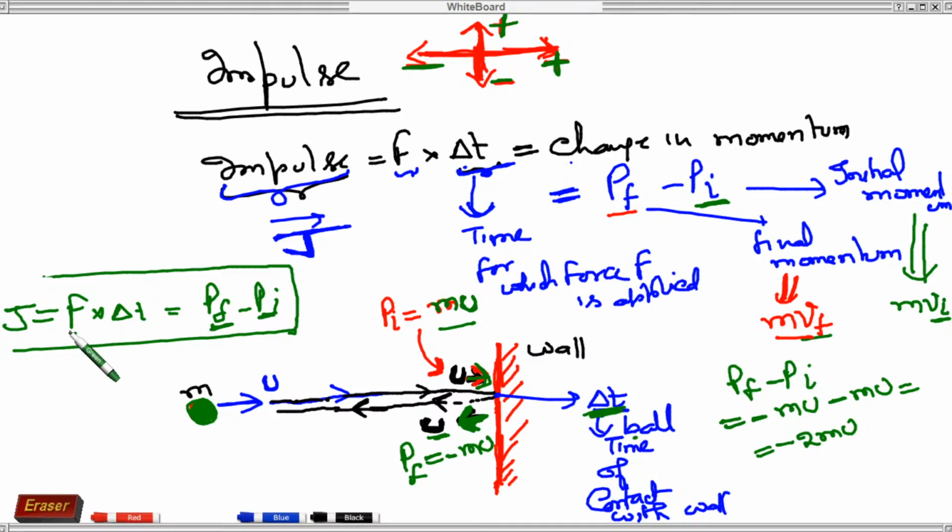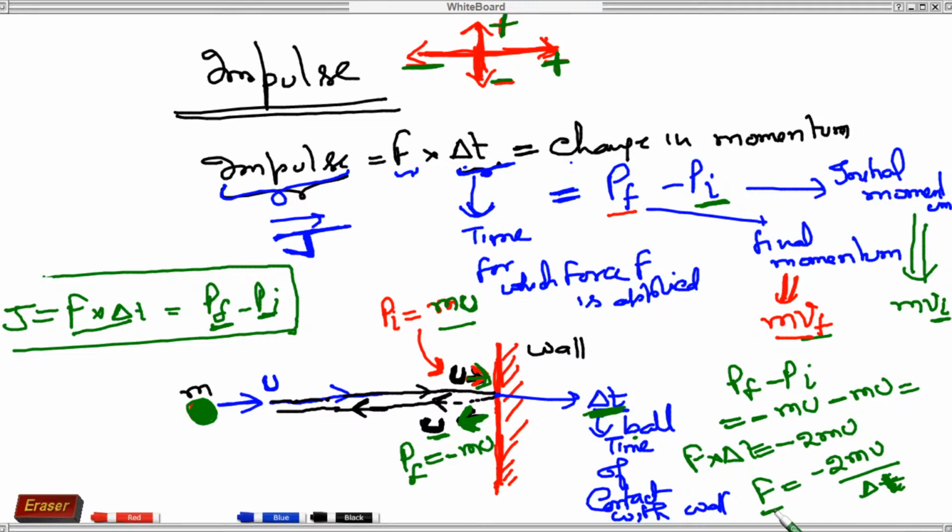As I told you, this is F into delta t. So F into delta t is minus 2mu, and F will be minus 2mu over delta t.